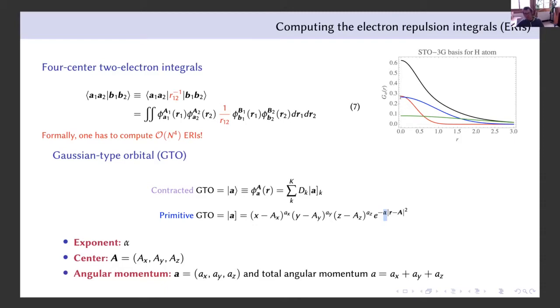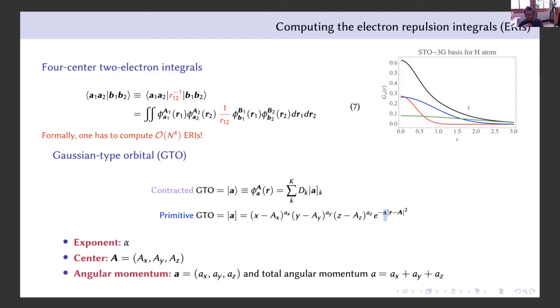Then you have what we call a mid-range Gaussian, the blue one, which is going to approximate that function at mid-distance. And you have this green one, which has a smaller exponent, and is going to approximate the long-range behavior of that function. So with a few Gaussian functions, we can try to model a better basis function, which resembles a Slater function more.